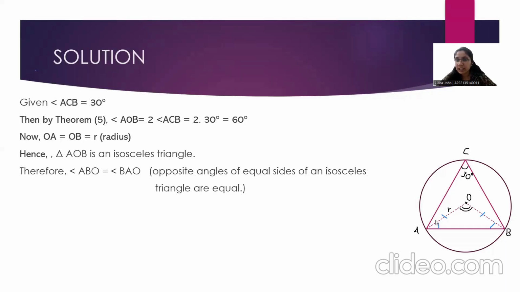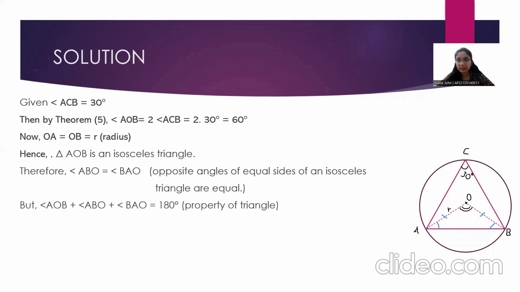Then we can apply the angle sum property of a triangle. These three angles, when summed together, will give 180 degrees. See, angle AOB plus angle ABO plus angle BAO equals 180 degrees. This is the angle sum property.